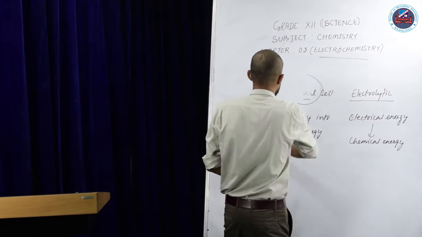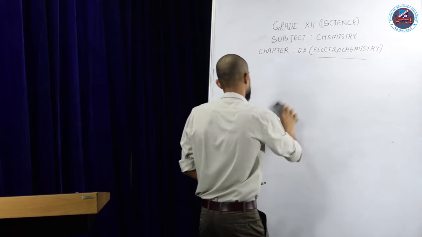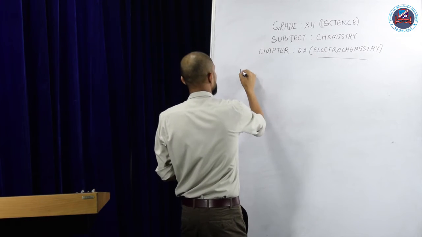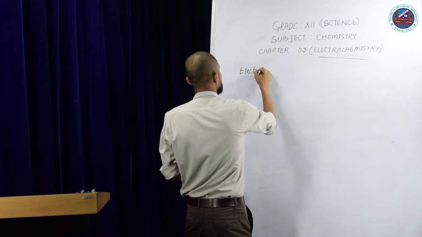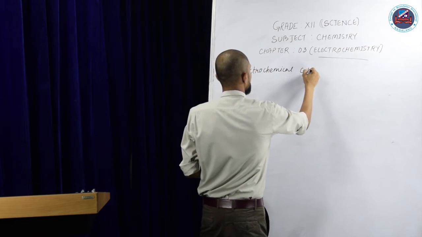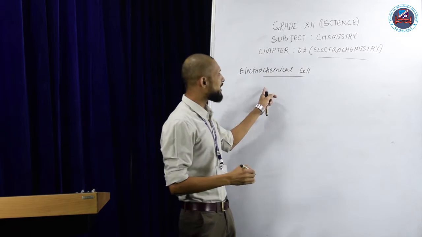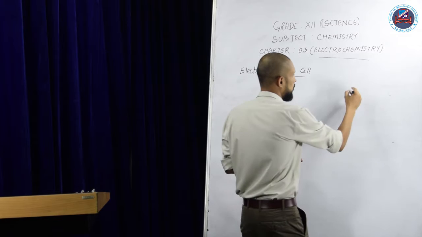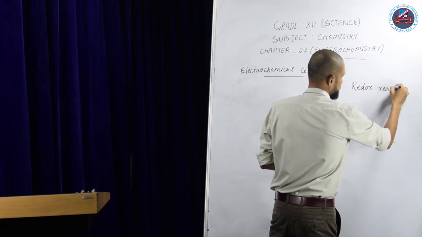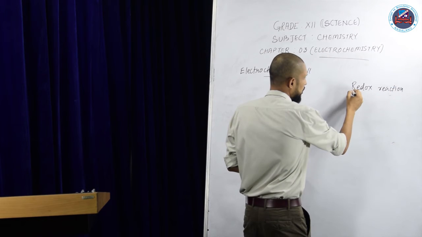So let us see what is an electrochemical cell with the help of an example. In order to understand electrochemical cell, first you have to know redox reaction. I'm sure most of you know what is redox reaction.